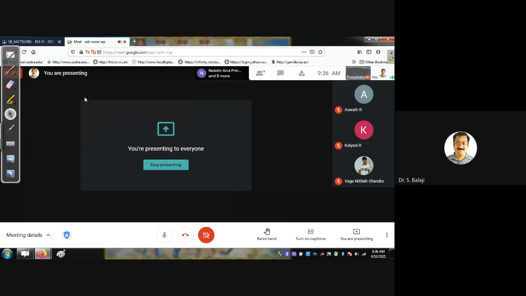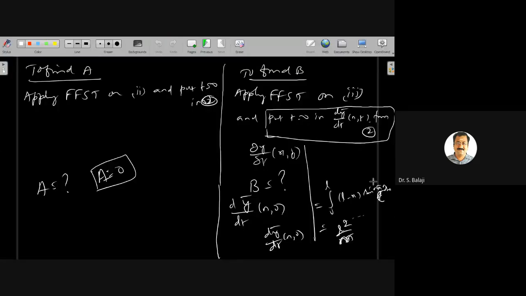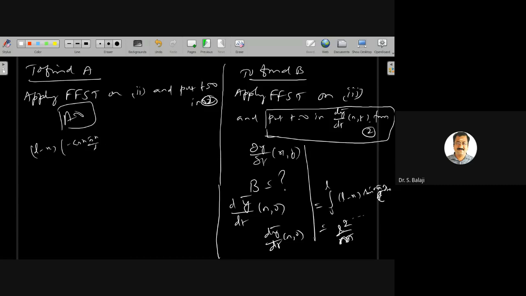Anybody have a different answer? You are getting whether you are getting L square. A equal to 0, that's okay. Integration of this one will be (L minus X) into minus cos(n pi X by L) by (n pi by L), minus the integral of 1. Differentiation of L minus X is minus 1. It will be sin(n pi X by L) by n square pi square by L square.